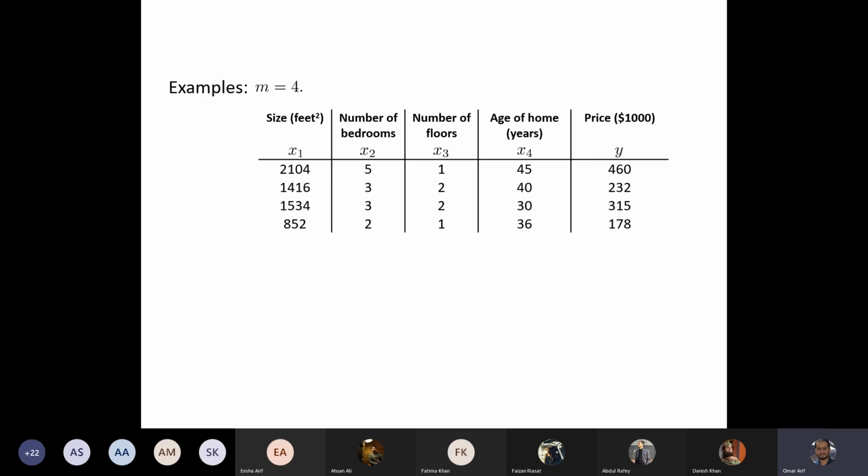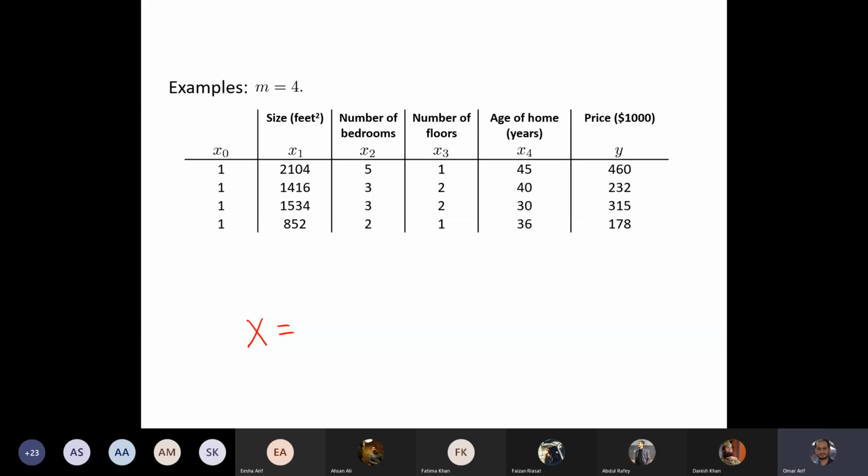For example, this is my training data. What I'm going to do is create a big matrix X which contains all my examples. Before doing that, remember we also need to add the bias term, because we are going to do the calculation using vectors.